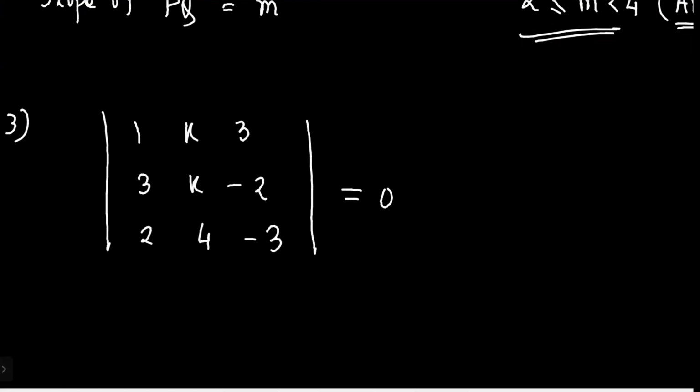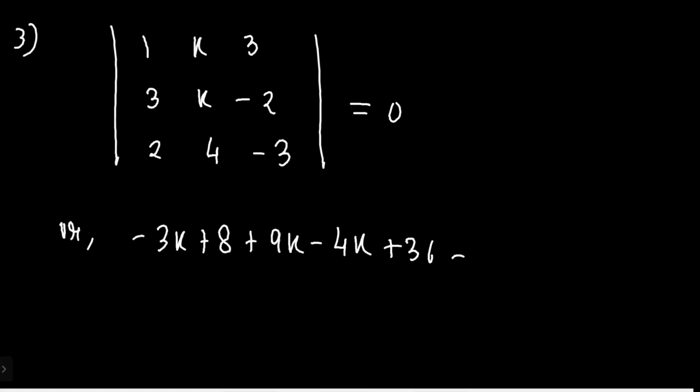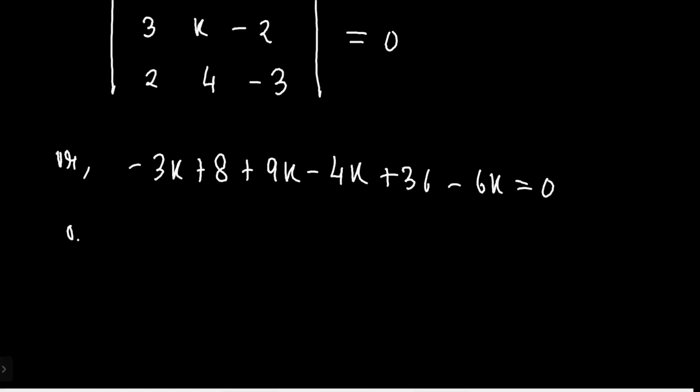This will be 0. Now, if we expand this, we have to find the value of k at first. So it will be -3k + 8 + 9k - 4k + 36 - 6k = 0. From this we will get -4k + 44 = 0. From this you can find that k is equal to 11.